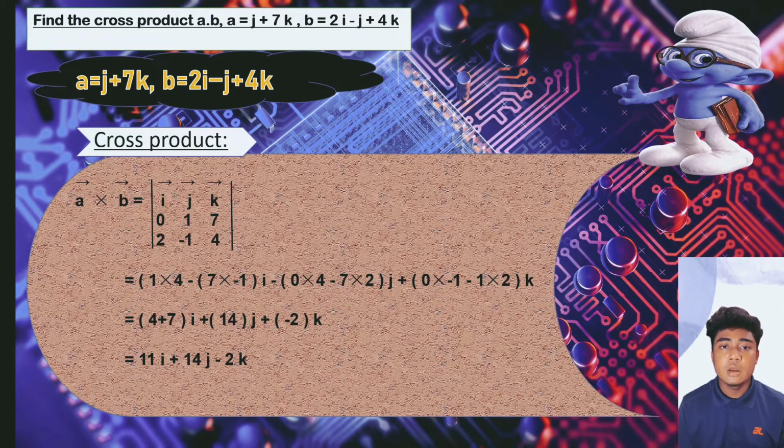And we got 1 multiply 4 minus 7 multiply negative 1 i, minus 0 multiply 4 minus 7 multiply 2 j, plus 0 multiply negative 1 minus 1 multiply 2 k. After that, we got 4 plus 7 i, plus 14 j, plus 2 k. And the final answer is 11i plus 14j minus 2k.